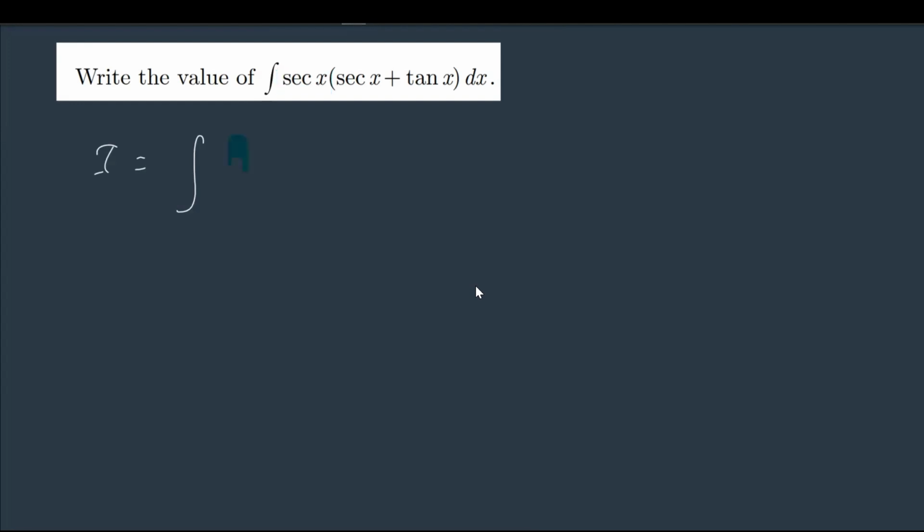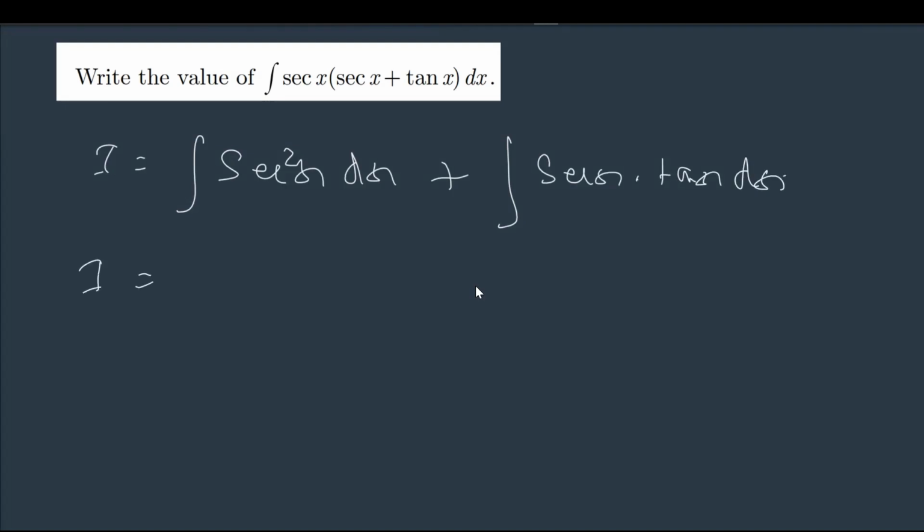That should give you secant x into secant x is secant square x dx, and I'll write it separately, the other is secant x into tan x dx. So same as the previous question. Now we can write integration of secant square x as tan x, and the other, secant x into tan x, is what?